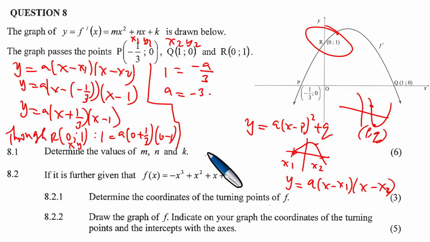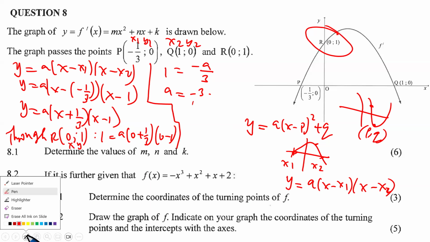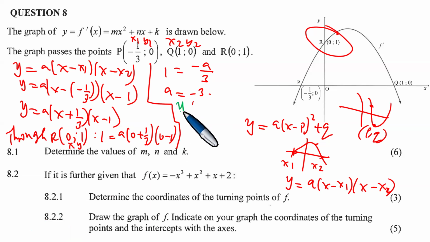Right, once we get a equals minus 3, then we plug everything into the equation we've got. So our a is minus 3 here.